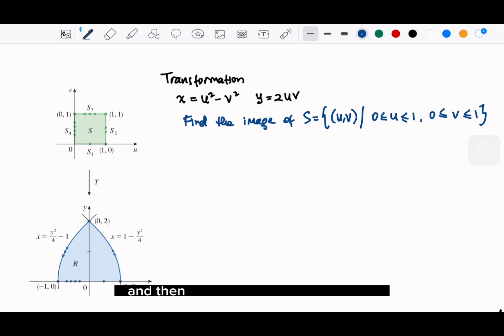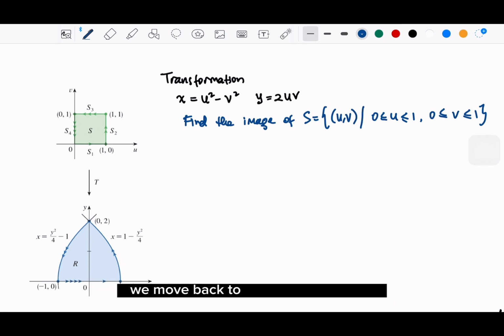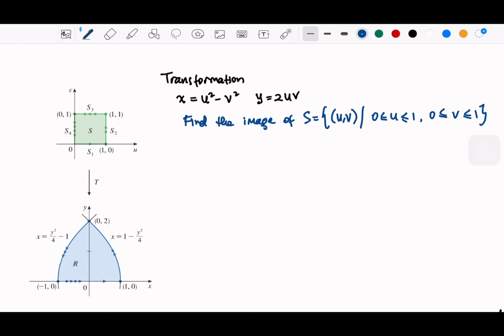Okay? And then we start to move to S2. Okay? From 1, 0, U still the same, constant, and then V is changing to 1. Okay? And then S3, we move back here. And then later, we move back to the original position.